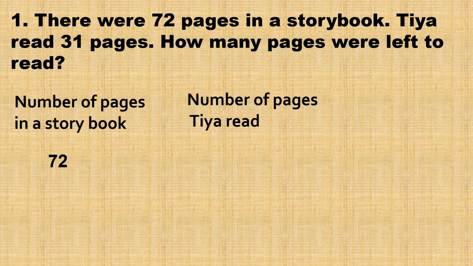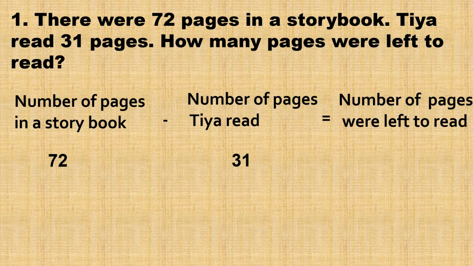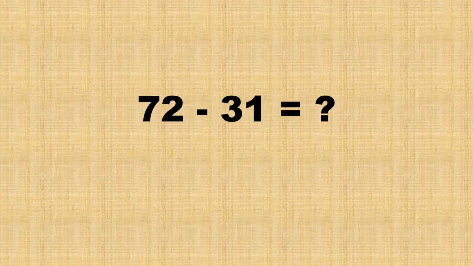Number of pages Tia read? 31. Now this information is given. Now we have to find out number of pages were left to read. Left means we have to do subtraction. So here we have to subtract 72 minus 31.